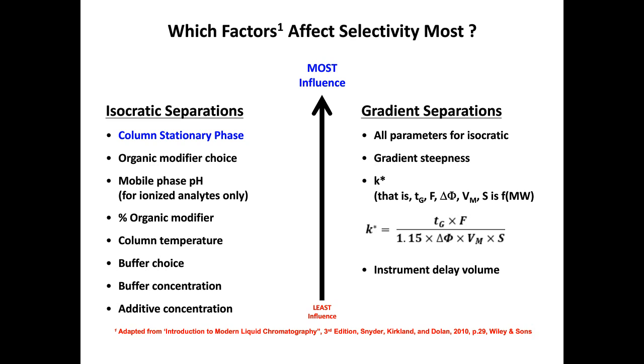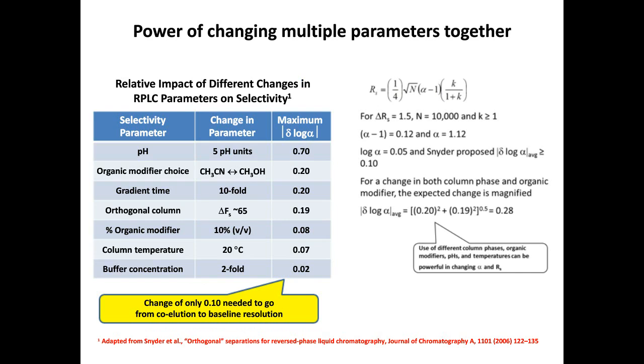It's also important to know that that's why we're using both stationary phase and organic modifier, as well as pH: when you apply these various parameters in concert, you can magnify the impact of the changes in selectivity, and it works on the basis of the square root of the sum of squares.